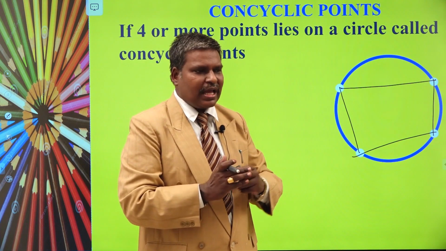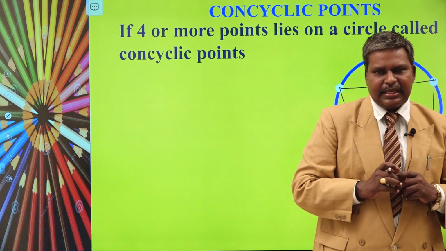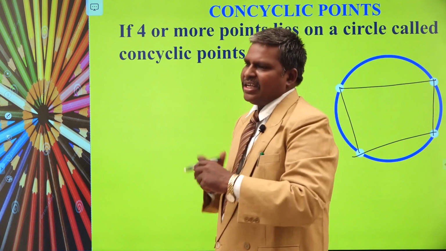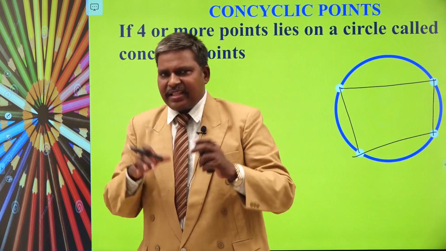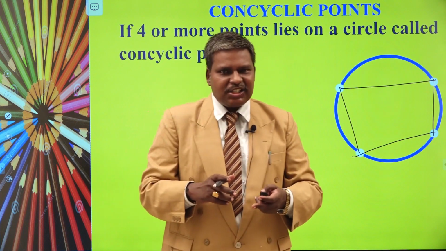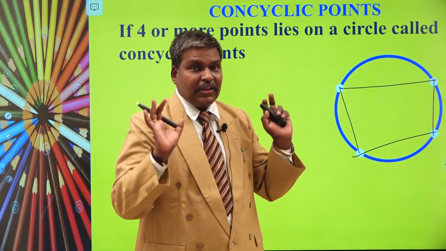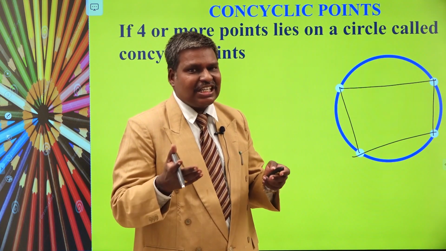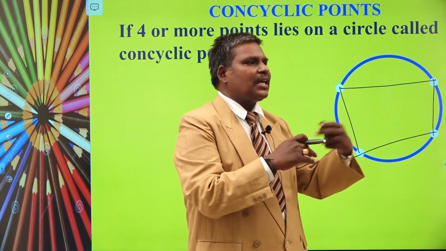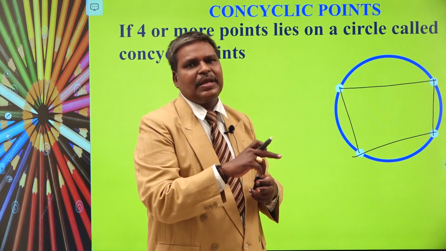Am I correct or not? Suppose we are going to show that 4 points are concyclic. Take any 3 of the points, find the equation of circle, substitute the 4th point. If it satisfies, we say that the 4 points are concyclic. If the 4th point doesn't satisfy, we say that the 4 points are not concyclic. That means one point is outside or inside the circle passing through the previous 3 points.